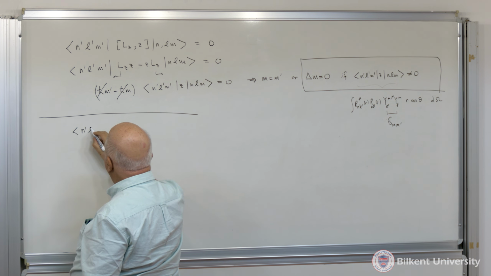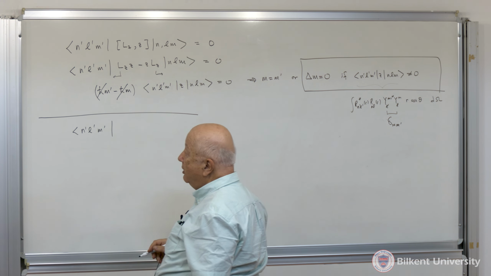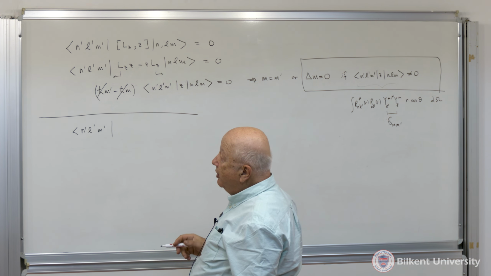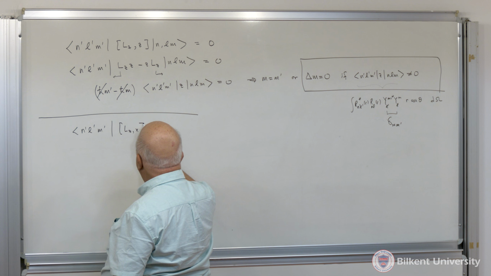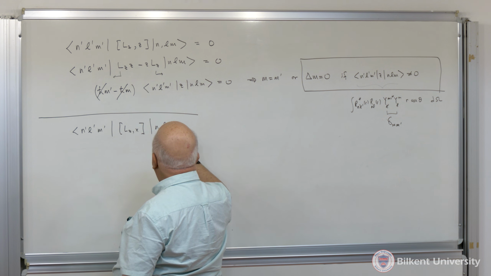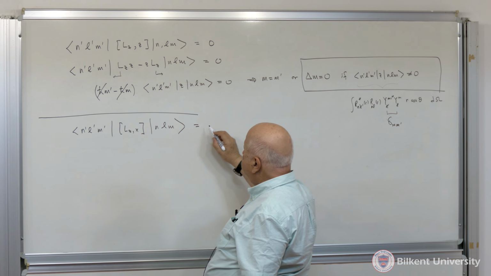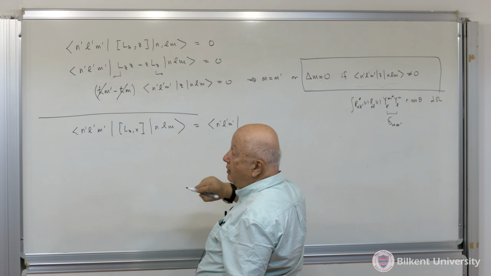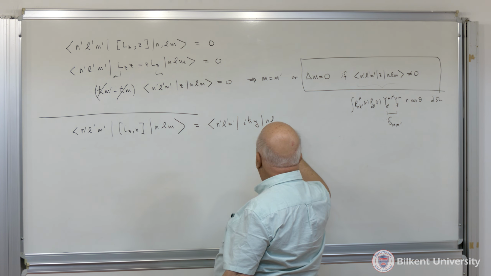I have <n', l', m'| L_z X |n l m>. So we figured out that this is going to be |n l' m'>, and I have i ħ Y_nlm.